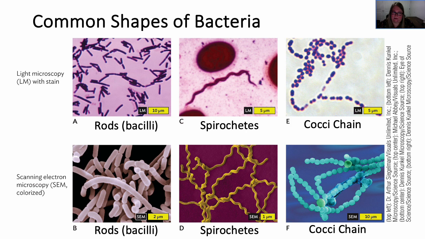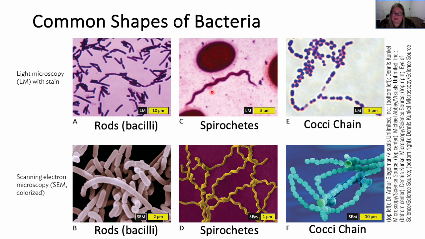So the 3 common shapes of bacteria are rods. Okay, so rods are referred to as bacilli. So E. coli is a rod-shaped, or bacillus-shaped, microbe. We have spirochetes. They look like corkscrews, and they're corkscrew shaped. We've seen spirochetes before.